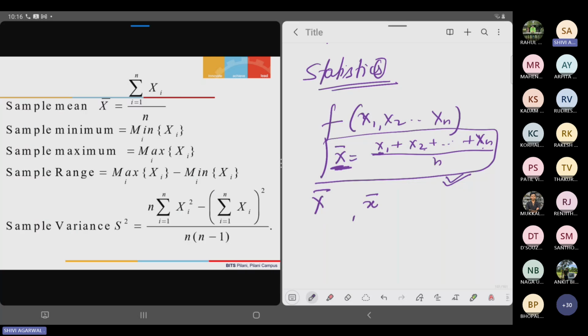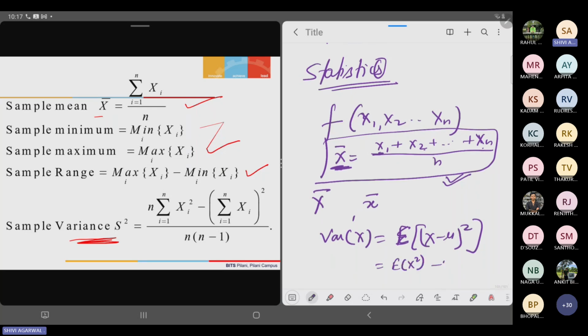Some more statistics are: sample mean, sample minimum, the minimum of all x1, x2, xn, sample maximum, the maximum of x1, x2, xn, then sample range, that is maximum xi minus minimum xi, and sample variance. Do you remember the formula of variance of x? That is expected value of (x minus mu) whole square. That is by definition, but how can we calculate it? Expected value of x square minus (expected value of x) whole square, right?